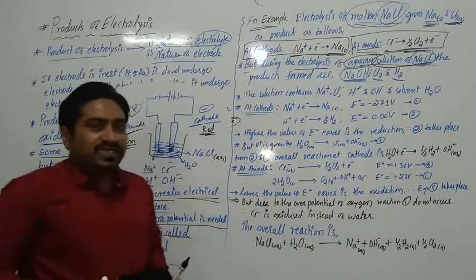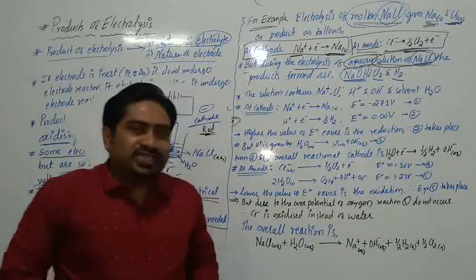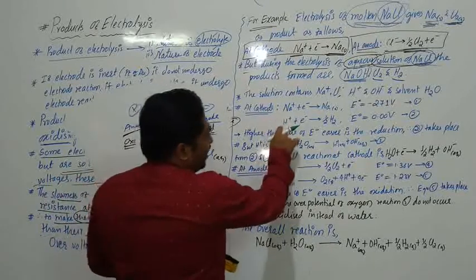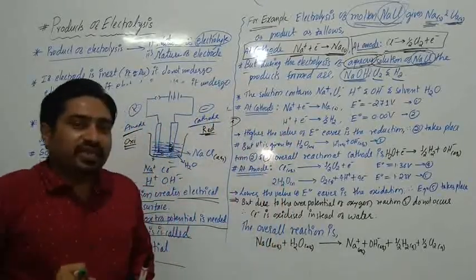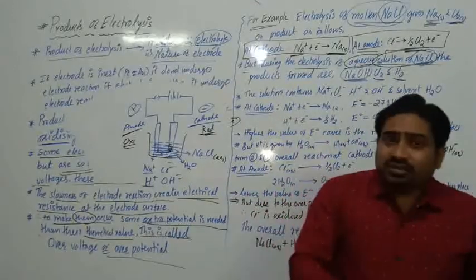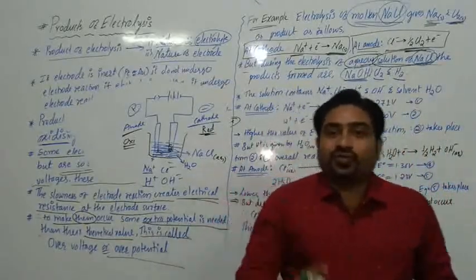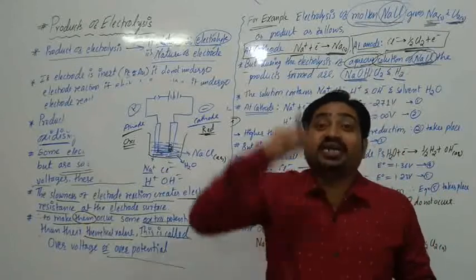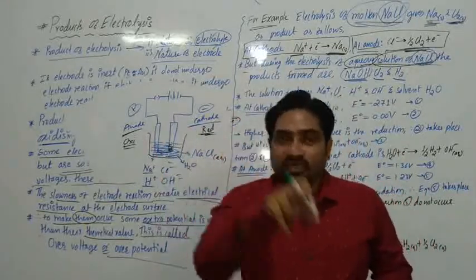And we know, which ion can undergo reduction easily among sodium and hydrogen? I think you must remember that the ion or the compound whose electrode value is higher can easily undergo reduction.